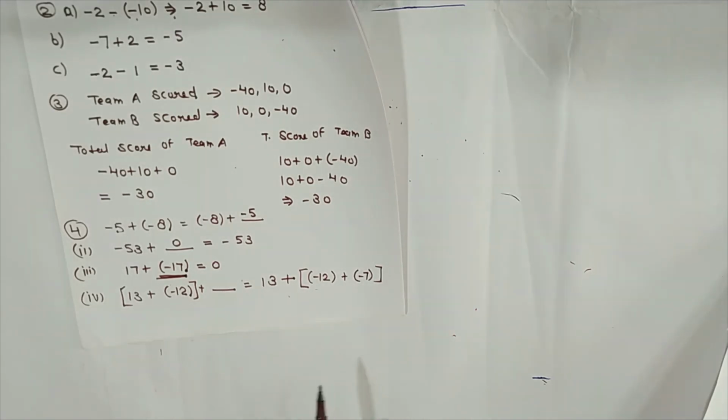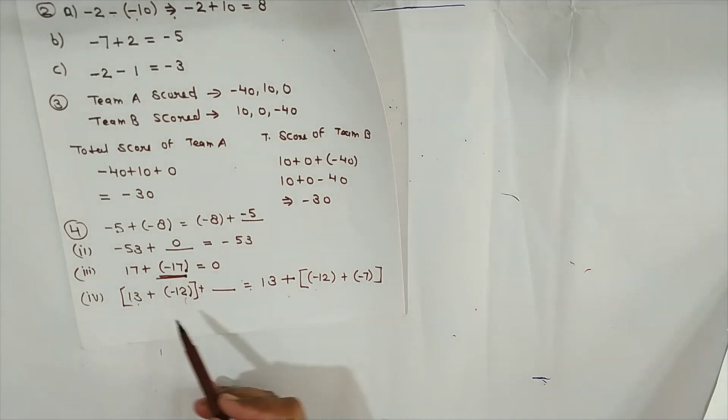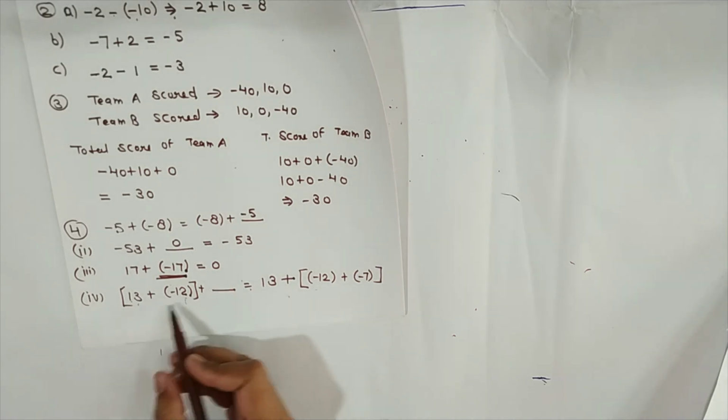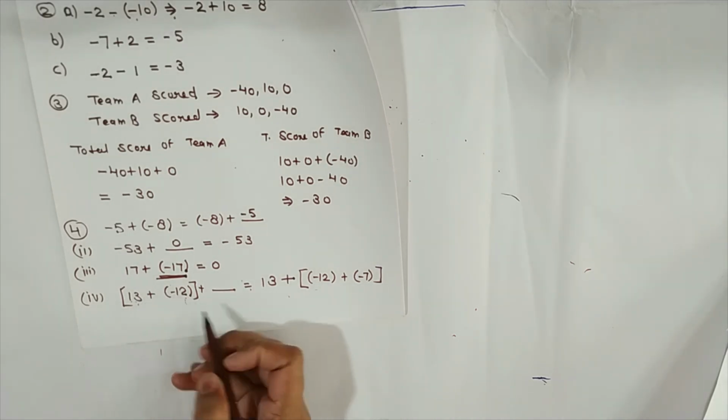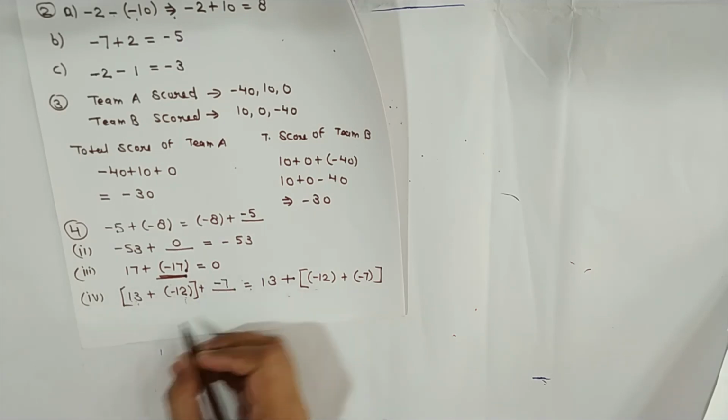So you can see that there are 3 numbers and 3 numbers are added. In which property does this condition happen? Yes, associative property. So by associative property 3 numbers can be added in any order. So here we have to write 13, this is -12, so there will be -7.